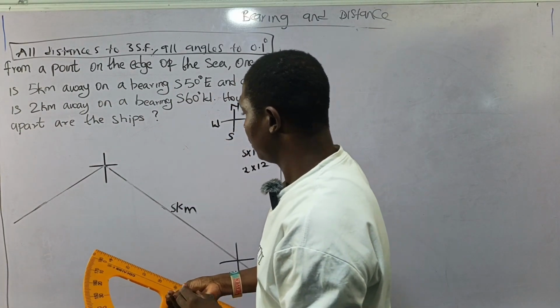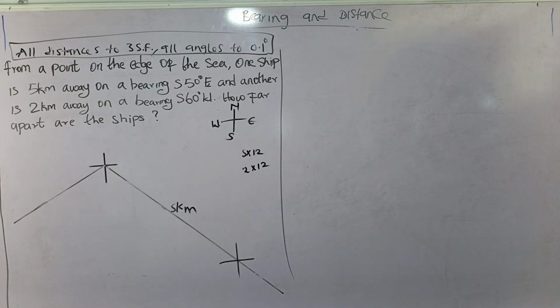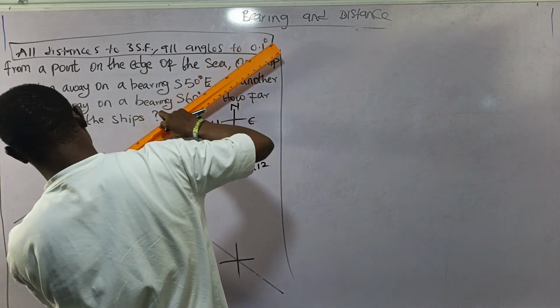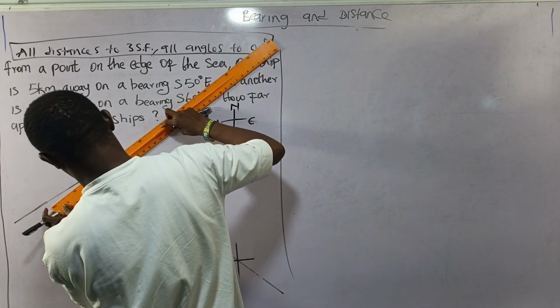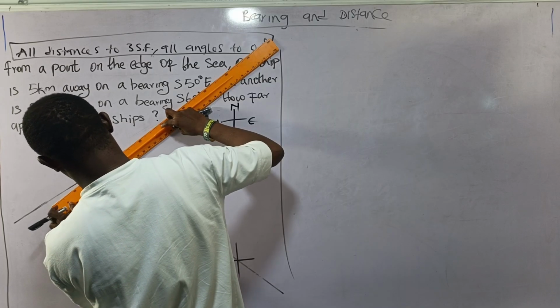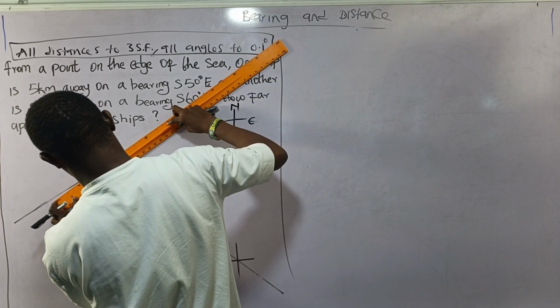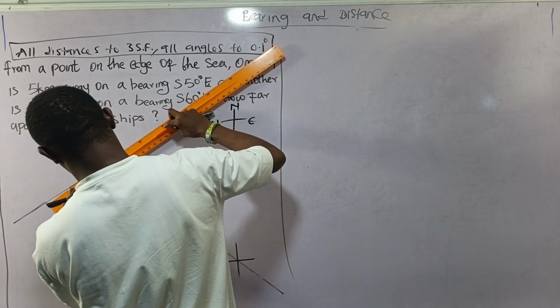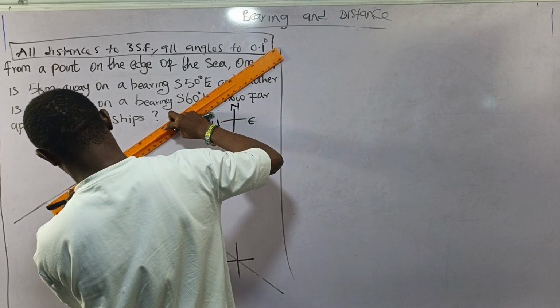So that's it. Now I'll bring out my 2 times 12 is 24. So I have my 24. This is 25, so 24 should be this.